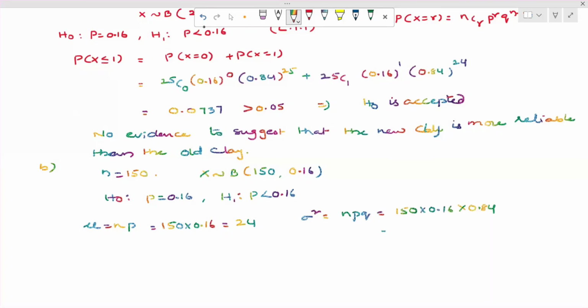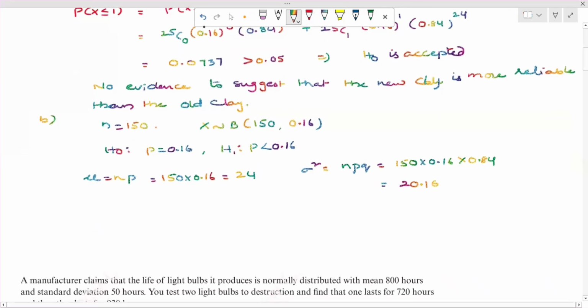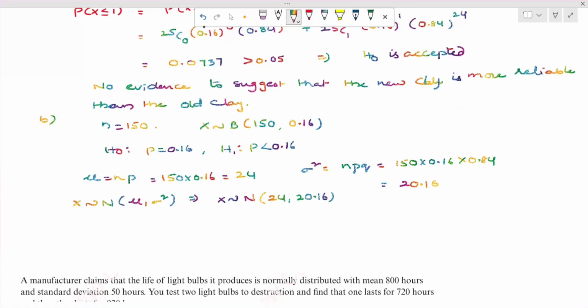If you simplify that, you get 20.16. So now we write the normal distribution: X is normally distributed with mu comma sigma squared, where mu is 24 and the variance is 20.16.